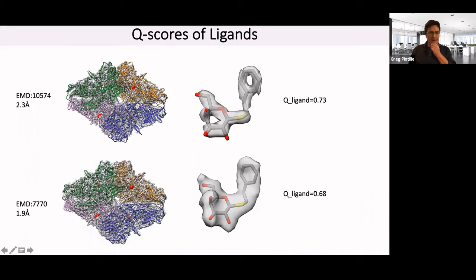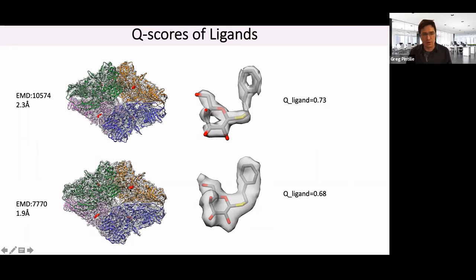I thought it was interesting that in this map, even though it's higher resolution, the Q score is actually a little bit lower. And visually, you can see that the density is not quite as well resolved. That's perhaps not too uncommon because when we give one resolution number for the entire map, it doesn't represent every part of the map, it just represents the map overall.